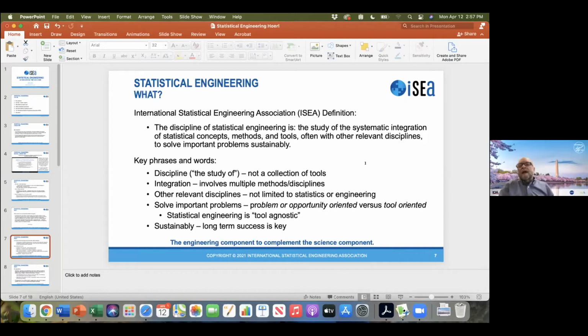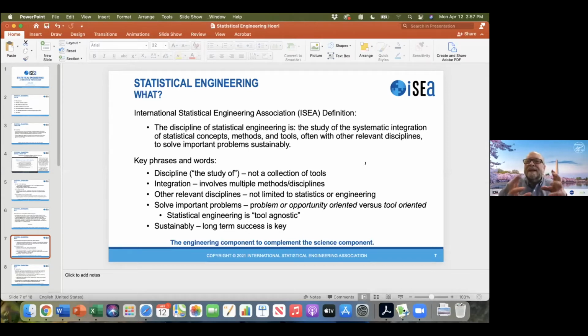So as mentioned by Michael Jordan, what's different here from the way most people trained in statistics think is that it's oriented towards solving problems as opposed to being oriented towards specific tools. In fact, one of the terms I use is that statistical engineering is tool agnostic.